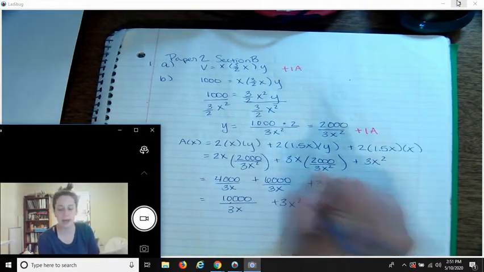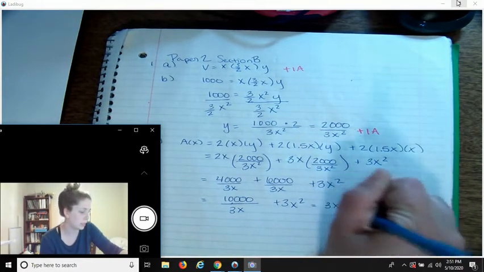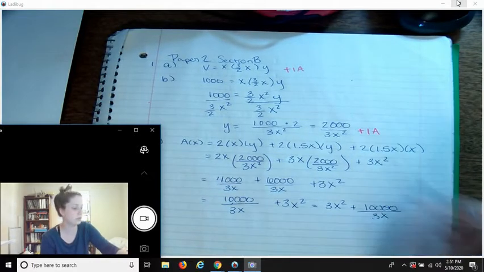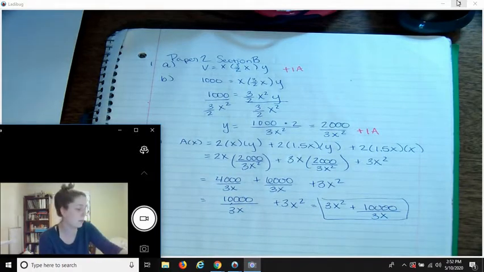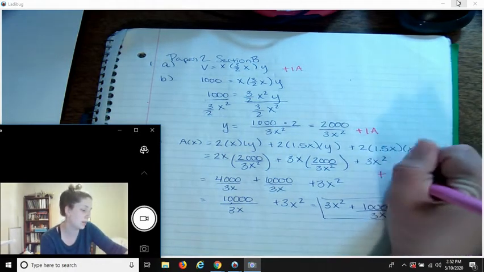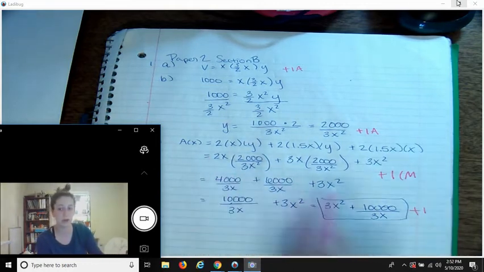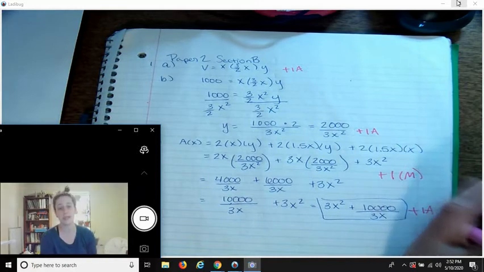And now we have almost exactly what I had to solve for. Okay, this was only 2 marks, so you get +1 for getting to the final answer and +1 for your method. This includes your setup and your algebra all the way down, mostly your setup, and that's that.